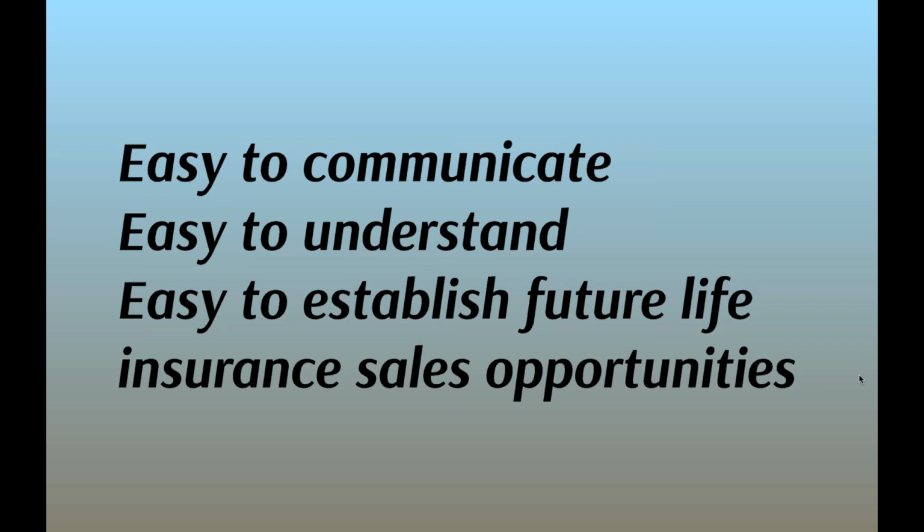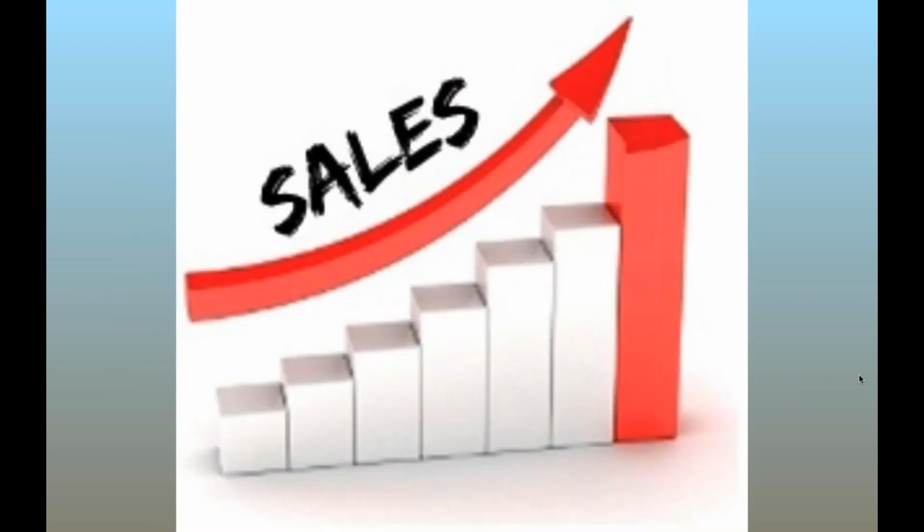No, you've got $100,000, Mr. Executive. You've got $100,000, Miss Executive, right? Is that enough to cover your family needs? We should meet and discuss this, to understand what your family's requirements are. It's just a nice round number. It's easy to communicate, easy to understand, and easy to establish future life insurance sales opportunities.